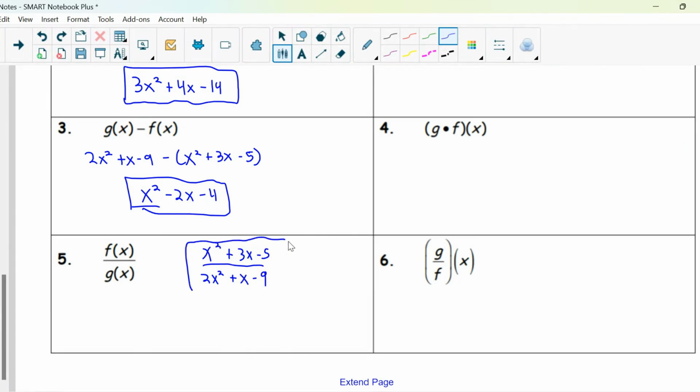And once again, in this case, there's nothing we can do to simplify this. So we'll just leave it. Okay, we're going to skip the ones on the right side. Please give them a try on your own, and we will go over those to start class.